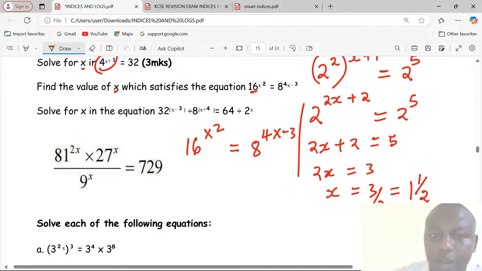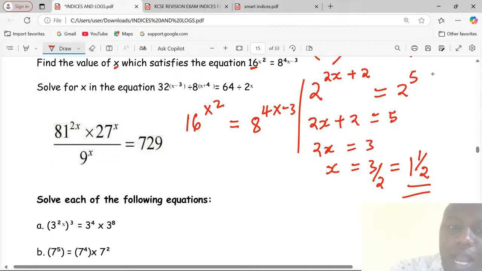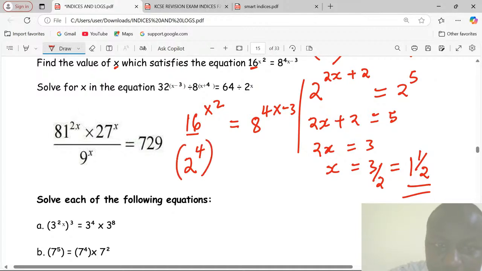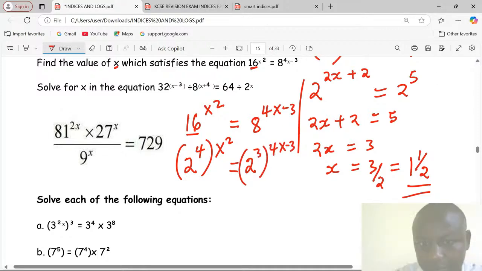Let us look at this now. We're going to have 16 put to base 2, and this will be 2 power 4. Then there is already an x squared, equivalent to 8, which can also be put to base 2, which is going to be 2 power 3, and there is already 4x minus 3.